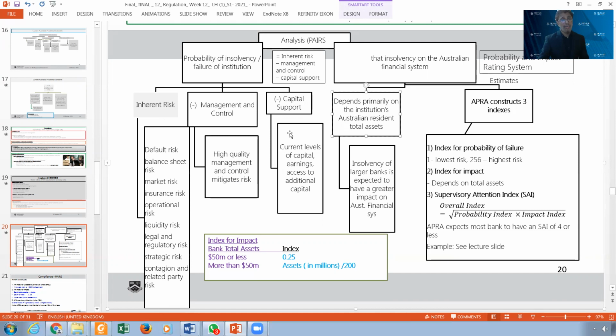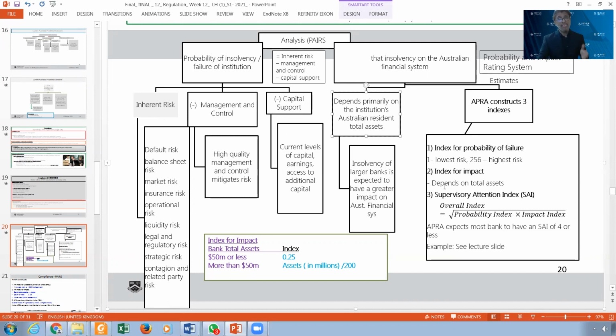Depending on this argument, in Australia they developed what you call indexes, which check your risk based on your size. And they develop 4 indexes. One is called the index for probability of failure, which is between 1 and 256.